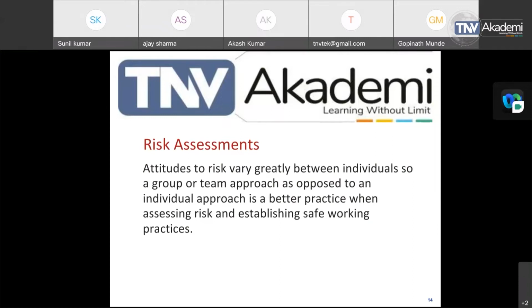It depends upon the individual's attitude and behavior towards the risk and how to mitigate it, because it varies greatly from individual to individual, group to group, and member to member. So a group approach is better for risk assessment, evaluation, and then risk reduction.